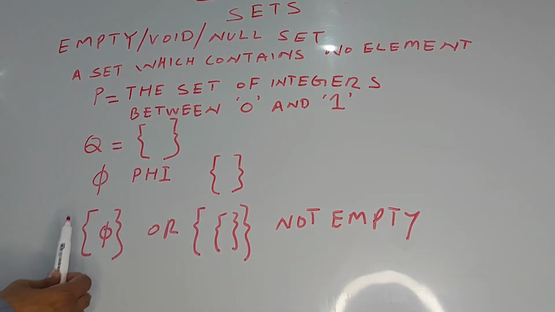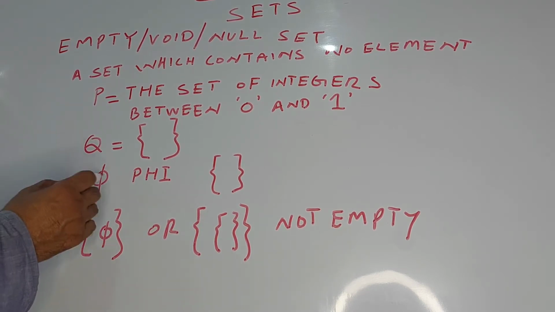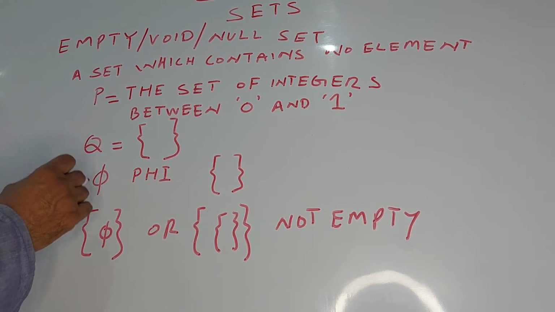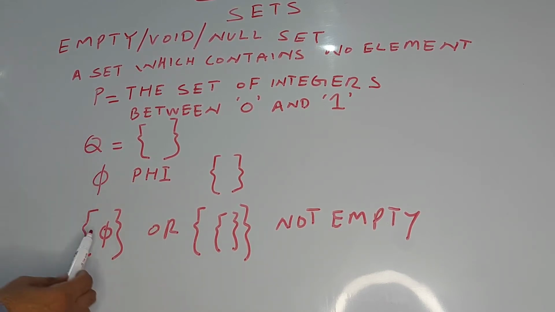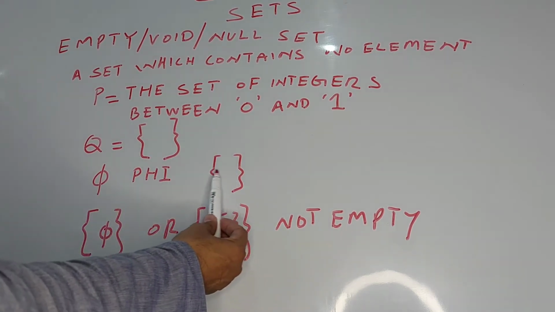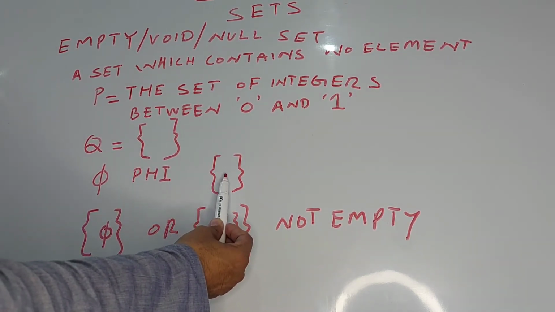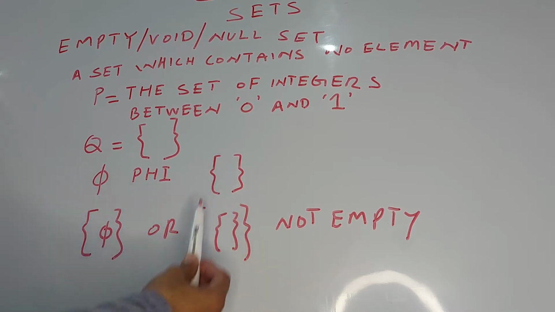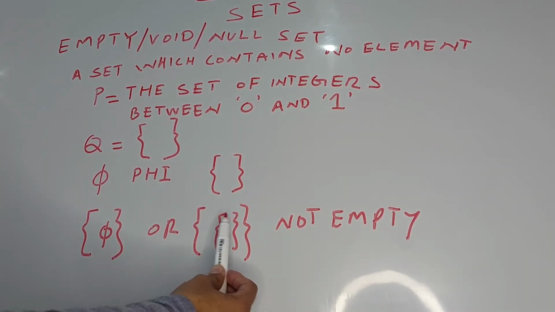So don't confuse between these parentheses and this. Without parentheses, phi is used for empty set. This is not an empty set. Parentheses without any element is called empty set, but here the parenthesis contains another two parentheses, so these are not empty sets.